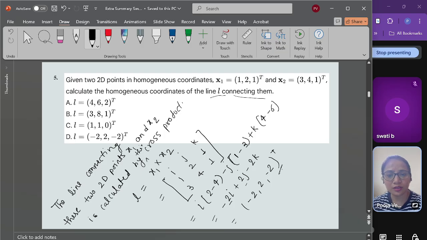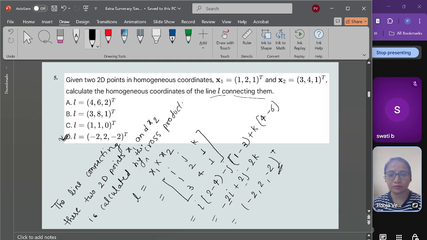This is the homogeneous coordinate of the line connecting these two points. Option B matches this answer, so option B is the correct answer for this question.